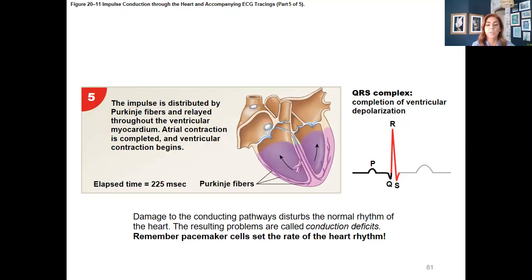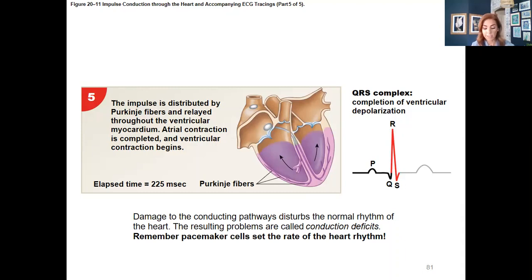Okay, so if we have any damage to any of these structures, whether it's the SA, the AV, anywhere along that line of numbers 1 through 6 that you have on your picture, we would call these conduction deficits. There's something wrong with the conduction system that's causing a deficient electrical impulse, which can then negatively impact the heartbeat.